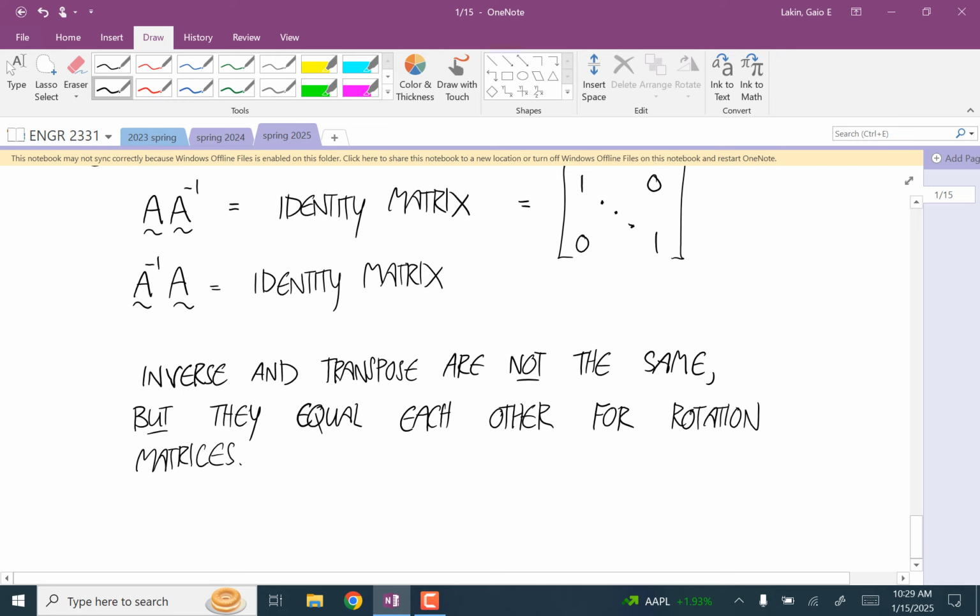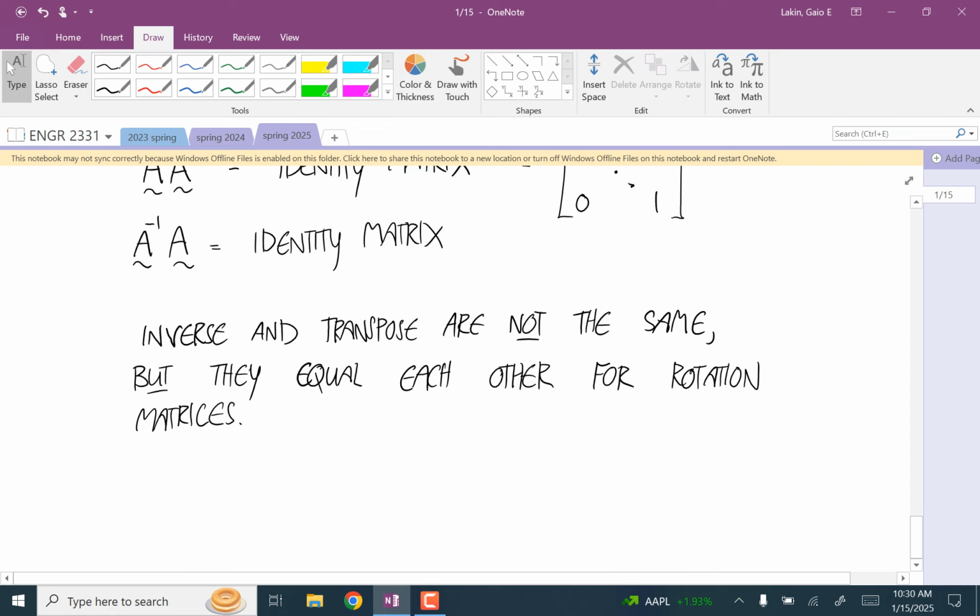So we're going to use transpose all the time with rotation matrices, and what we're really doing is taking an inverse of it. It's really true for all matrices of the type orthogonal. All orthogonal matrices, the transpose is equal to the inverse.